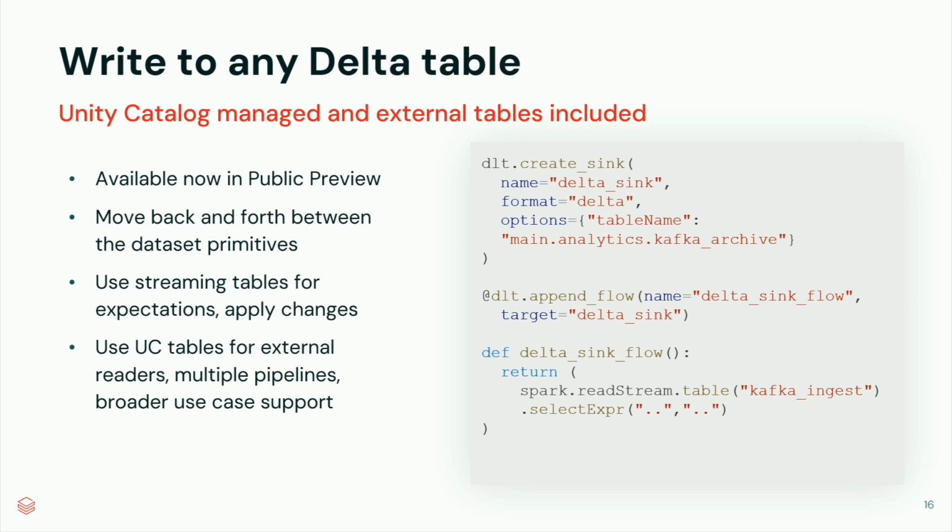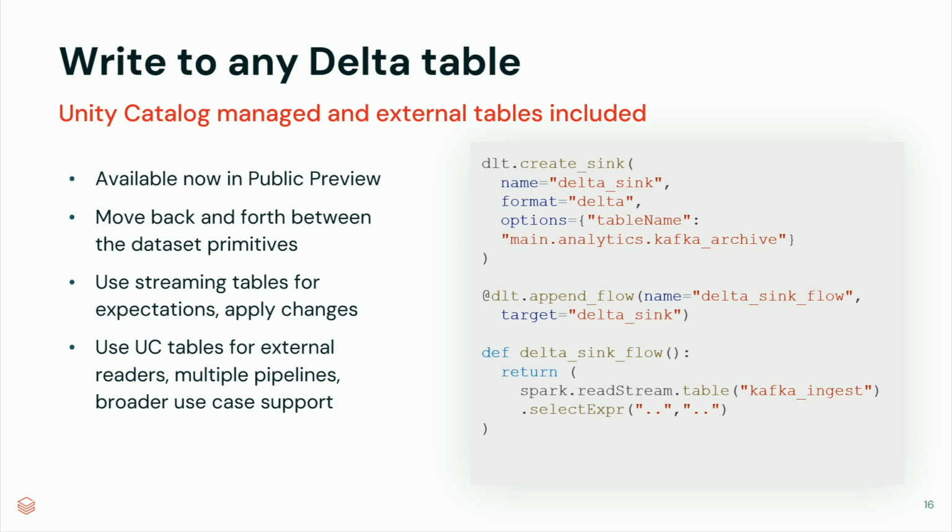So you can have a pipeline with a flow to an ST, a flow to an MV, to an external table, back to a streaming table. This is especially important for external readers and things like that. It also is useful when working across organizations, depending on where they are on their UC journey and their adoption of DLT. It might make sense to use exclusively managed tables or exclusively external tables. But the point is it gives you the flexibility.